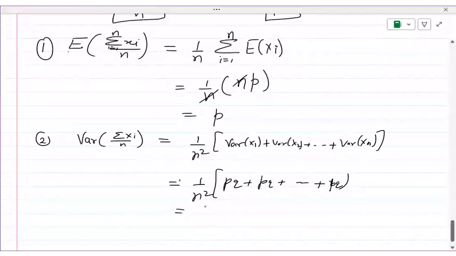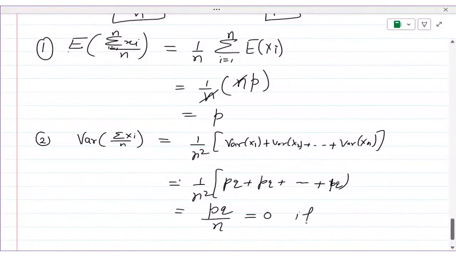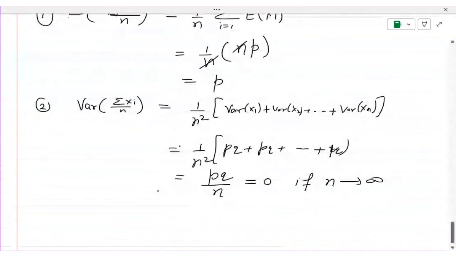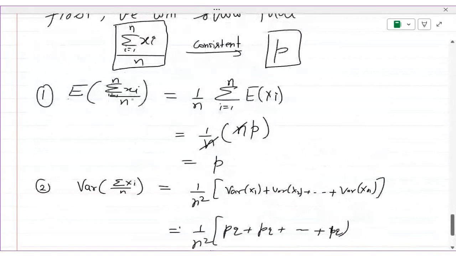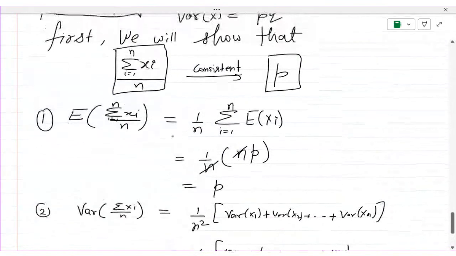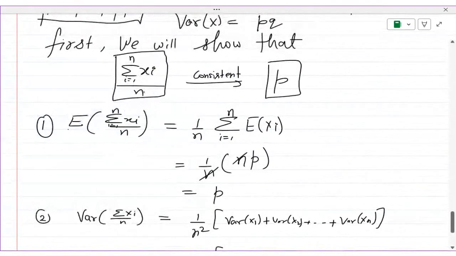So 1 n will cancel out and you will get PQ divided by n. Now this will approach 0 as n approaches infinity, because PQ is finite, and finite upon infinite is 0. Therefore the variance approaches 0 and the expectation is equal to p. It means the sum of xi upon n is a consistent estimator of p.